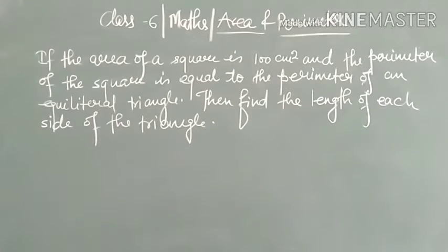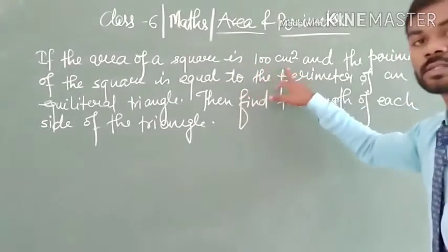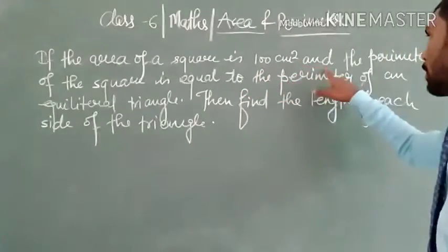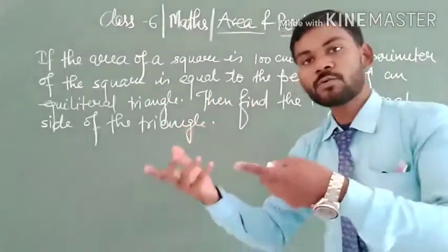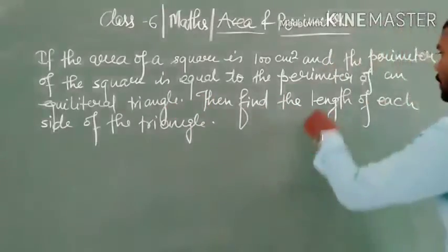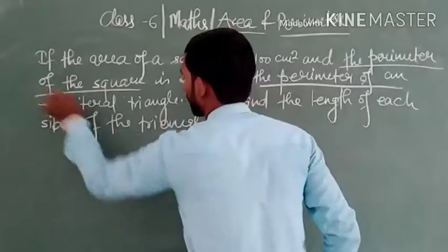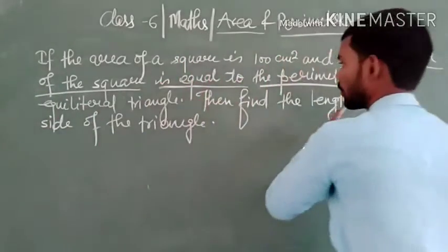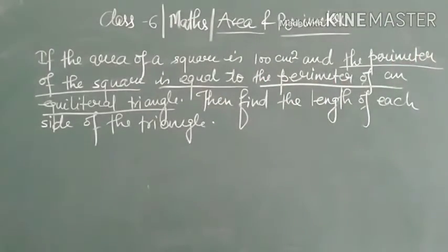The question says that if the area of a square is 100 centimeter square and the perimeter of the square is equal to the perimeter of an equilateral triangle, then find the length of each side of the triangle.